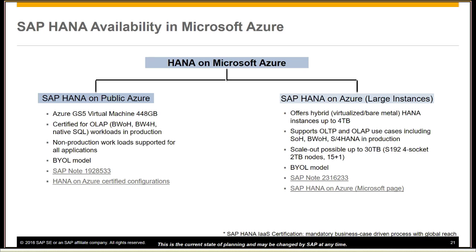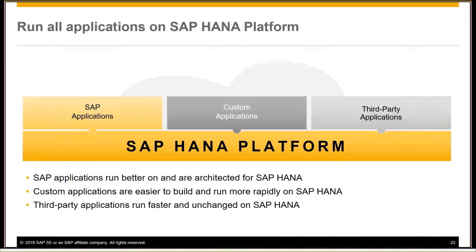So these are the two options available, and I have posted the SAP notes here, and also the information pages on the Microsoft side. They provide you information on the various configurations possible through these SAP HANA options.